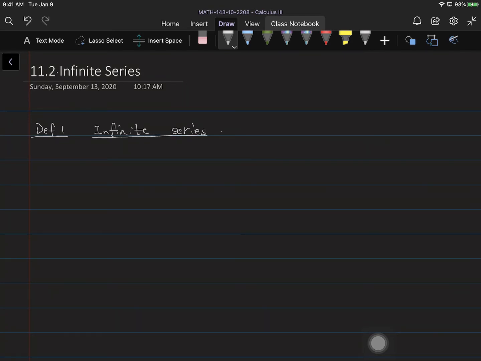Infinite series means for a given infinite sequence, we know the sequence is a list of numbers from a1 to an and then infinity, right? Infinite terms.